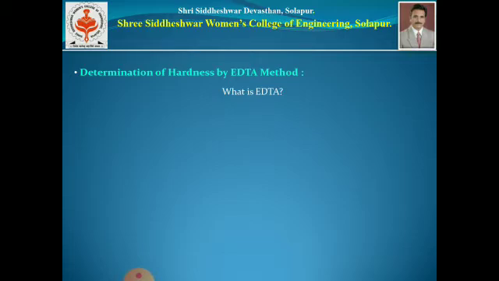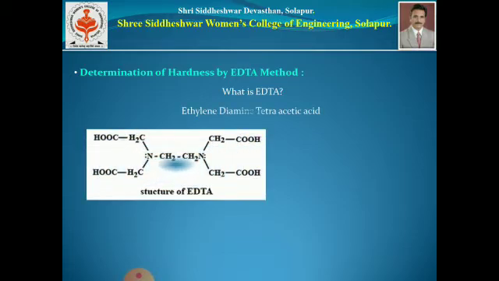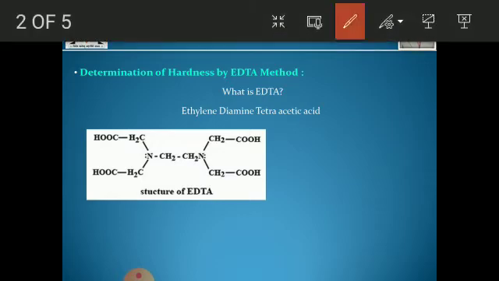So, what is EDTA? It is nothing but ethylene diamine tetraacetic acid. This is the structure of ethylene diamine tetraacetic acid. All of you know what is ethylene, CH2CH2. Actually, in that there is a double bond between the two carbon atoms.